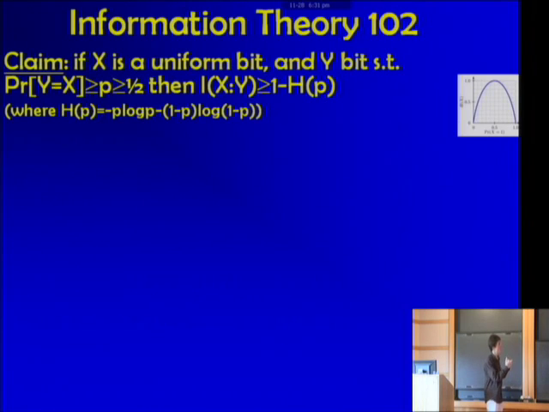All this claim does is it quantifies the mutual information between x and y. So this claim, which is essentially Fano's inequality, tells you that if x is a uniform bit and y equals x with good probability, then there's some mutual information between them, and it quantifies how much mutual information there is between x and y.